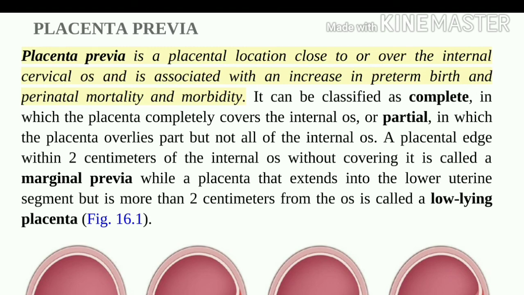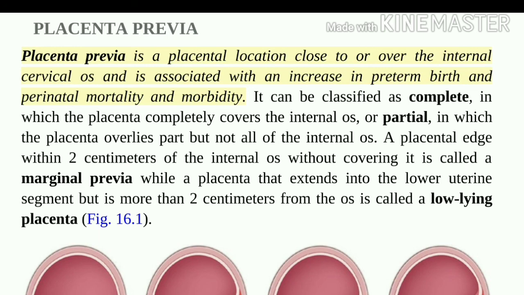So what is the treatment of placenta previa? Normally, the placenta sometimes moves on its own toward the upper side as the baby increases in size. When the uterus size increases, the placenta also goes up. But if not, then we need to take some measures. We need to give corticosteroids for fetal lung maturation.